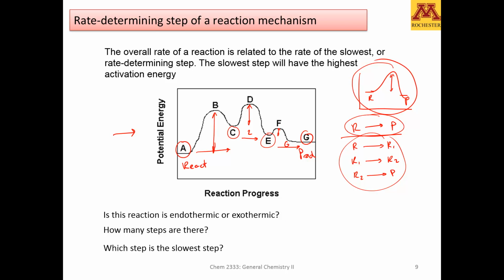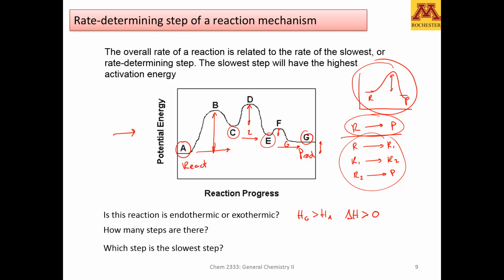Okay, and that will definitely affect the rate of your overall reaction. So let's start answering these questions. It's asking if the reaction is endothermic or exothermic. If we're talking about the overall reaction, notice that because the enthalpy of G is larger than the enthalpy of A, what you have is an endothermic reaction. Okay, how many steps are there?